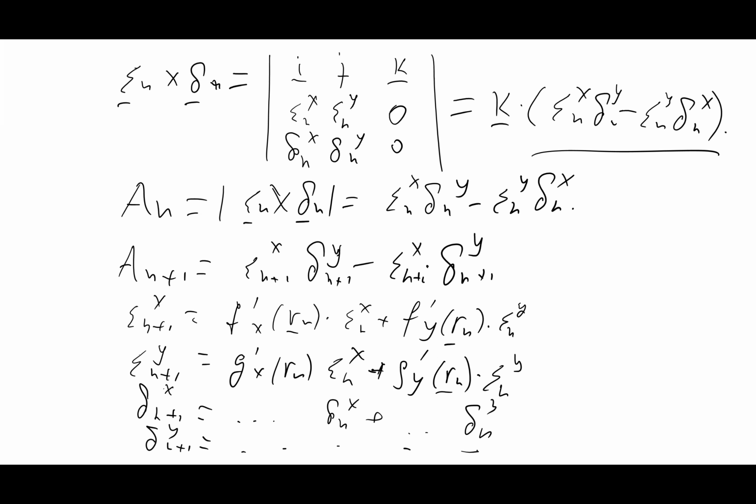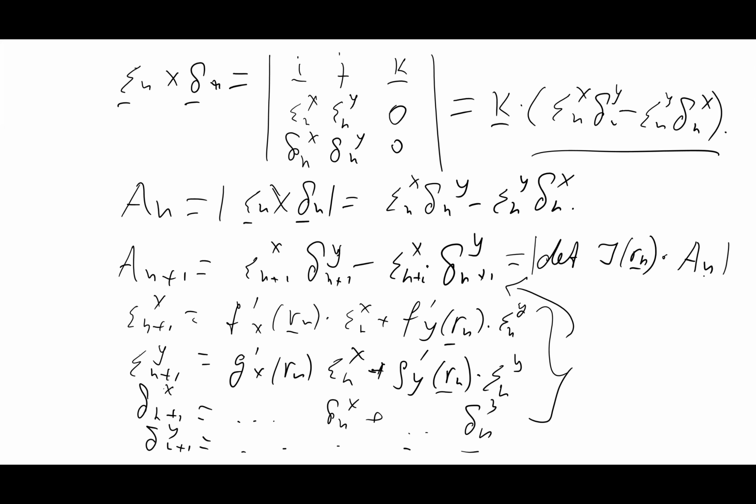And if we put all of this here, I'm skipping this part, then we can find out that this will be equal to the determinant of the Jacobian at R_n times A_n.